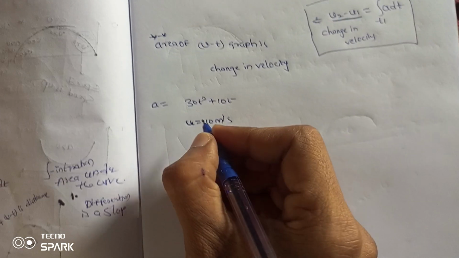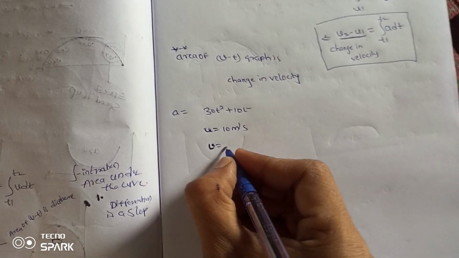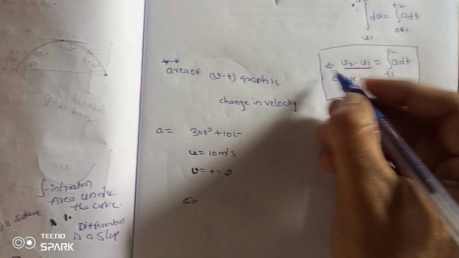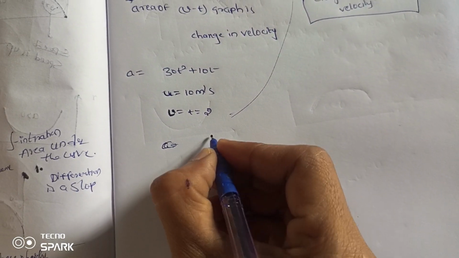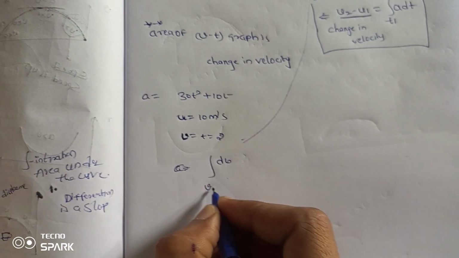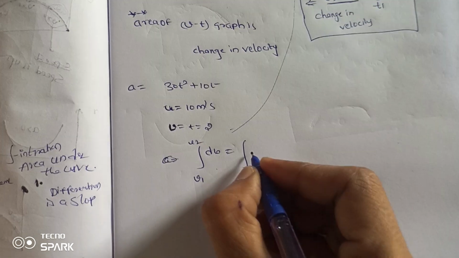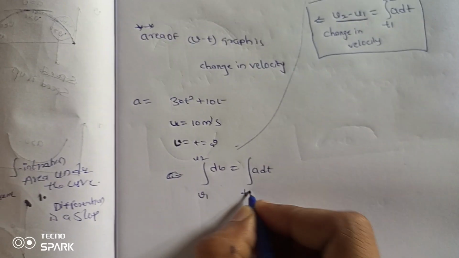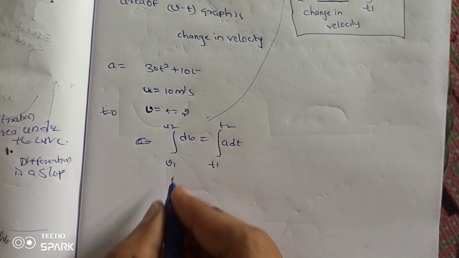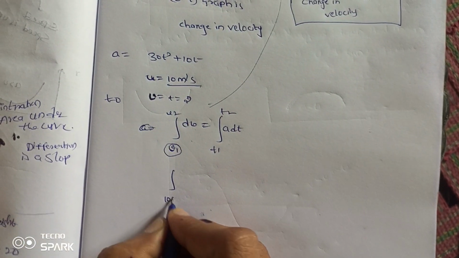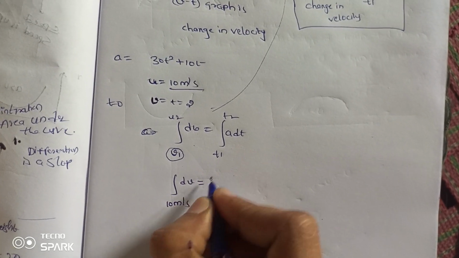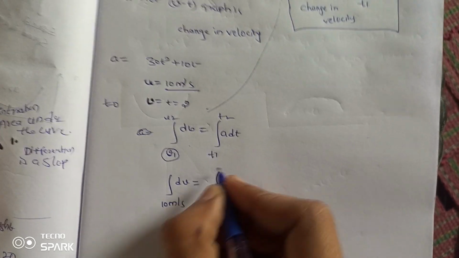Find the velocity at t equal to 2 seconds. dv equal to a dt, from v1 to v2 and t1 to t2. t is equal to 0 second. v1 means initial velocity, which is 10 meter per second, at time t equal to 0 second and t equal to 2 second.